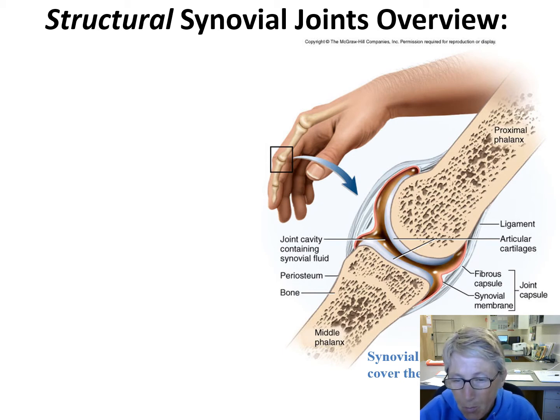The synovial membrane goes from here, so if you follow the pink line, this is all synovial membrane, and you come down here, the synovial membrane ends right here, and then the blue stuff, the articular cartilage, starts here, and you can see the synovial membrane doesn't cover that. Then the joint cavity is all this brown stuff, and it contains the synovial fluid.